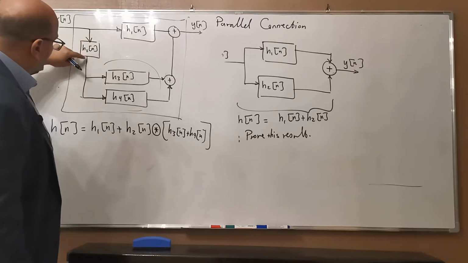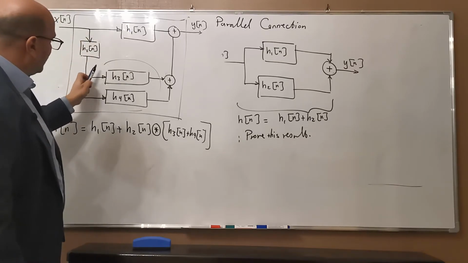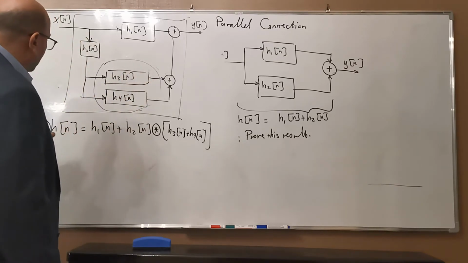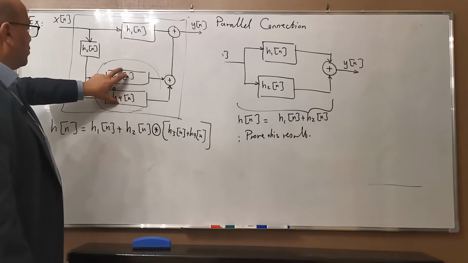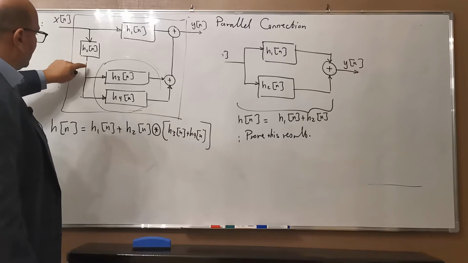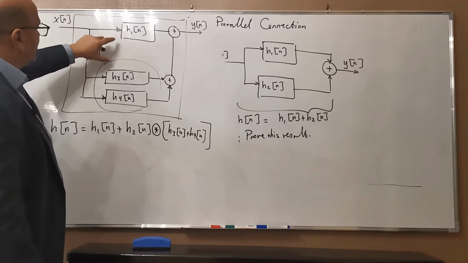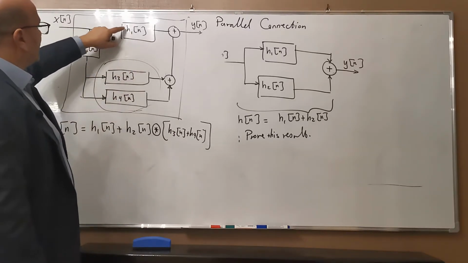But this one, h2, is cascaded with the summation of those two. Okay? So those two can be added together as one h cascaded with h2, added together with h1.